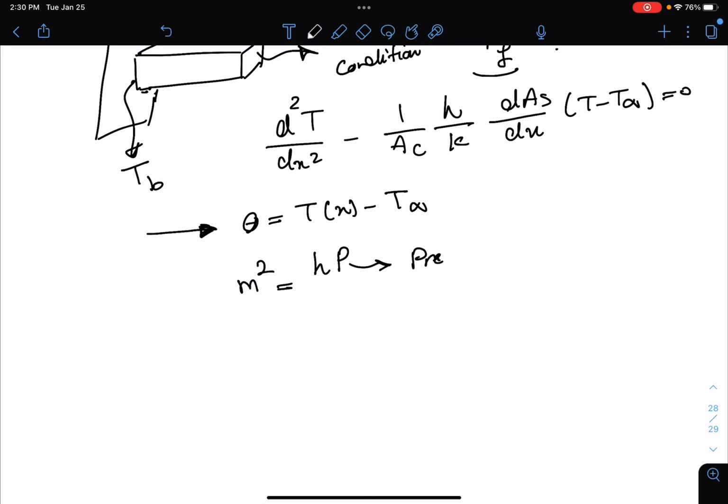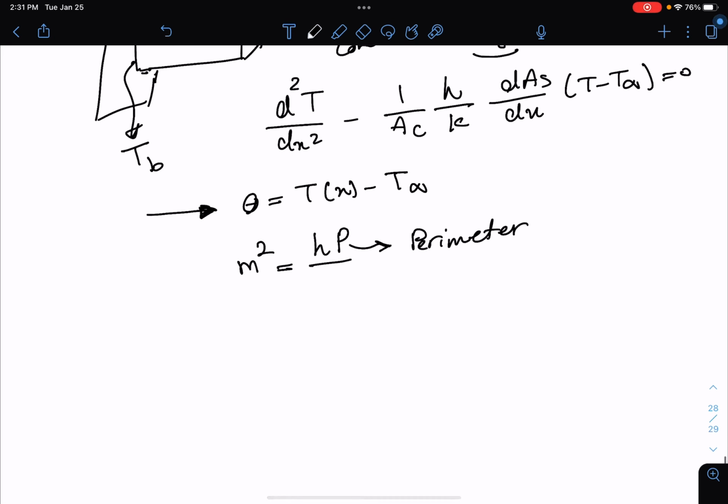How do you write perimeter? I think this is an I, right? Yeah, it's PER. You understand what I'm talking about, the perimeter of something, right? Divided by kA. These are the two new variables we introduce in fins for the sake of simplicity.